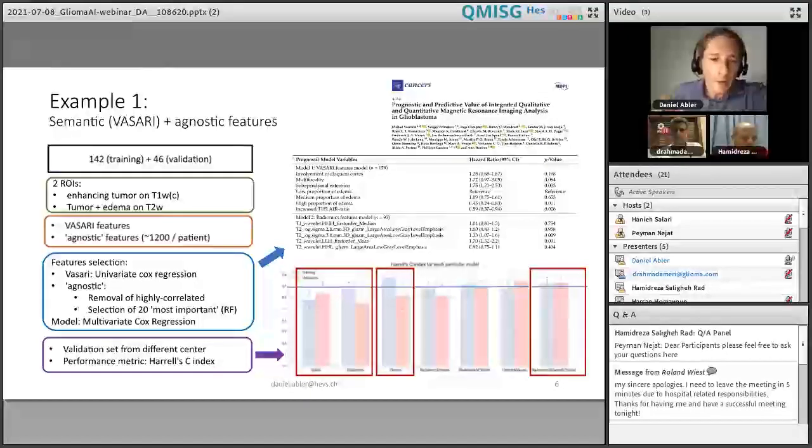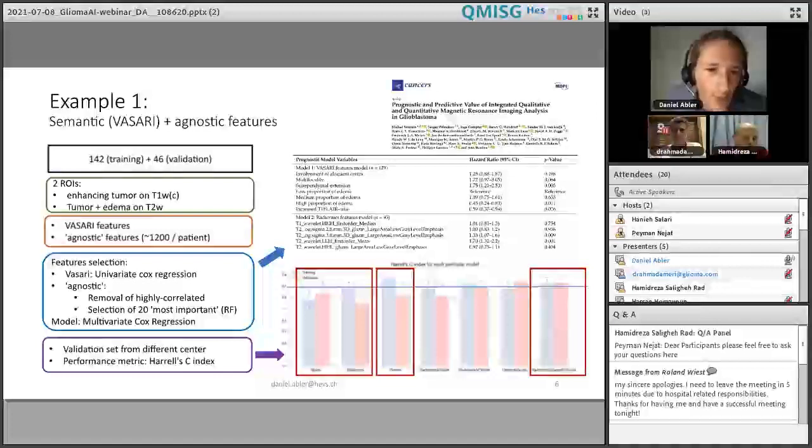There are a few things I would like to point out. On the right, in the top part of the table, you can see the set of VASARI features that has been selected by this model. And you will recognize some common features that are known to be prognostic to outcome.